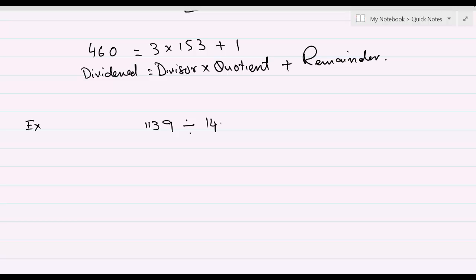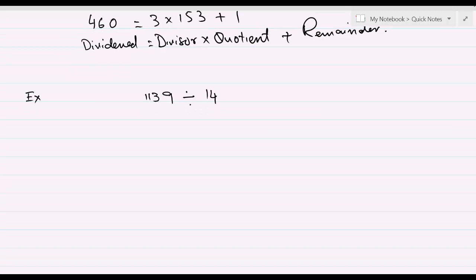It's up to you if you want to convert it into a fraction and then reduce it to the lowest fraction, if possible, that's good, but if we are doing it by long division, then we will obviously be writing 1139, which is dividend, and then we try to divide it with 14, which is divisor in this case.